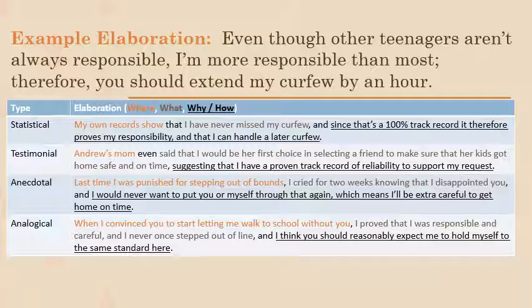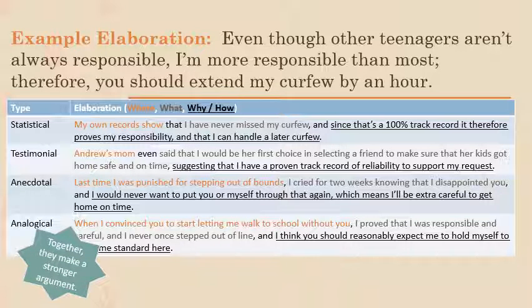So these are the four different ways to elaborate on and use the four different types of evidence. And you're going to need to look at how each one works differently, how you elaborate on each one slightly differently, and how they could work together in order to make your argument stronger or to make somebody else's argument stronger.